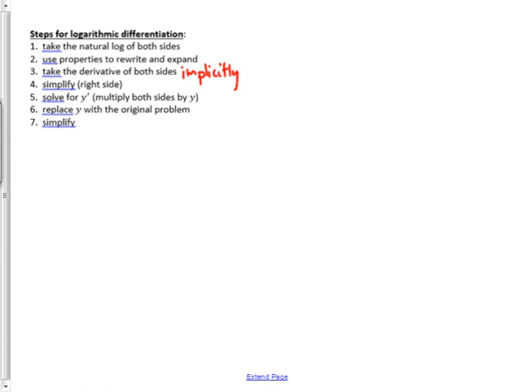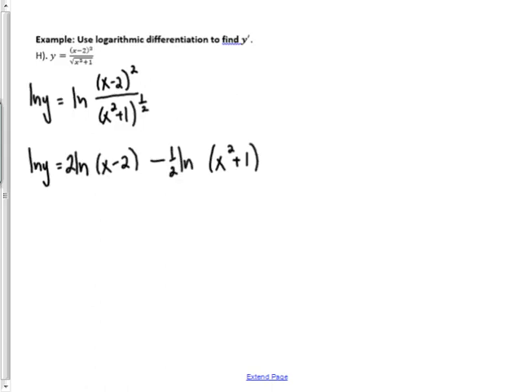Looking at the way I wrote my steps, we went with y prime. So anytime you take a derivative of a y, you follow it with y prime.